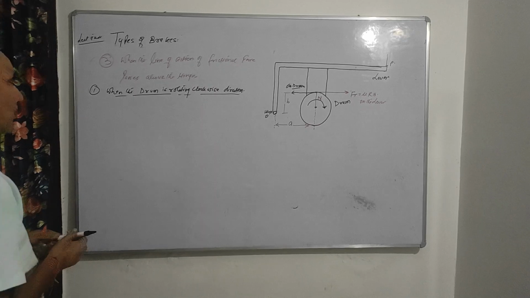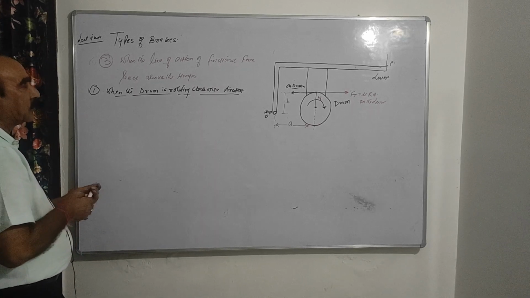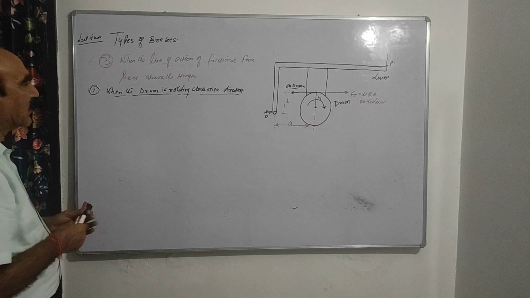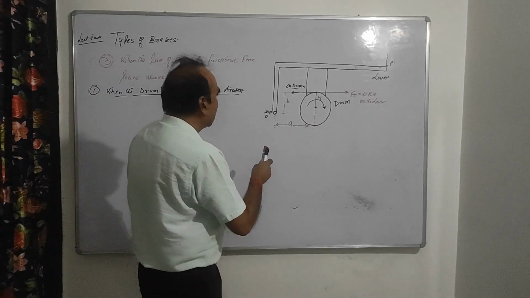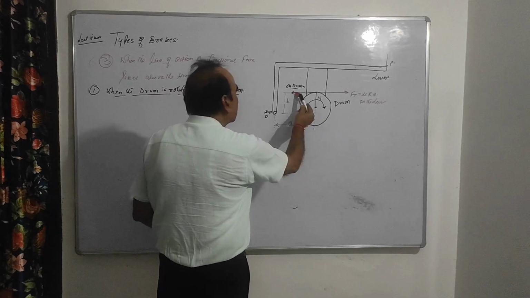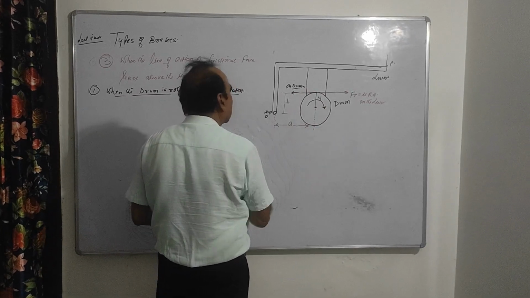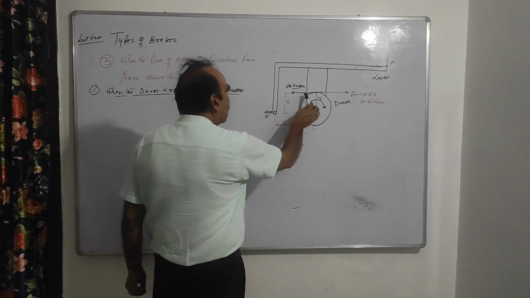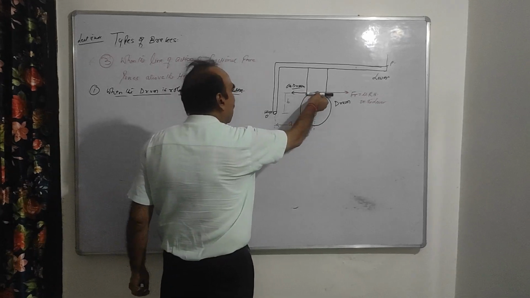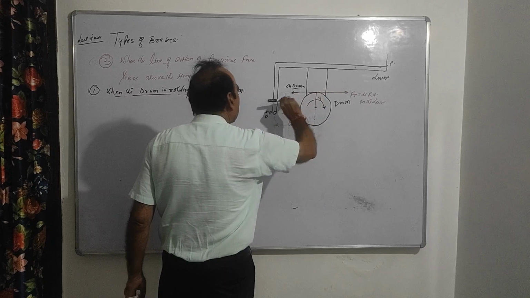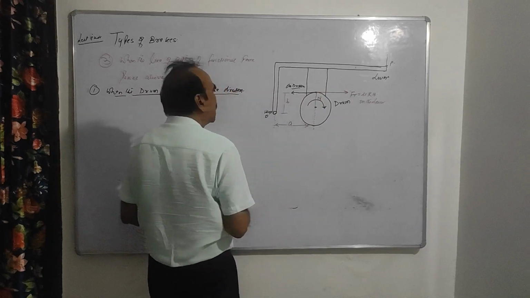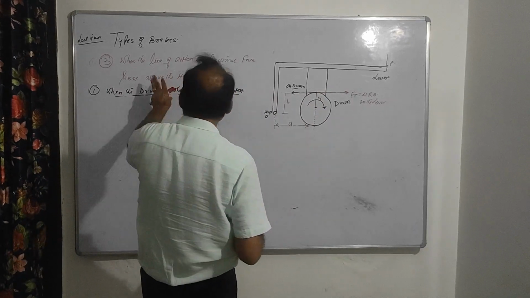So when the drum is rotating in the clockwise direction, what happens? Again the same thing, only the difference is that the force is acting above the hinge. This is your hinge and this is your frictional force on the drum as well as on the shoe. So it means this is above the hinge. This is the case third.